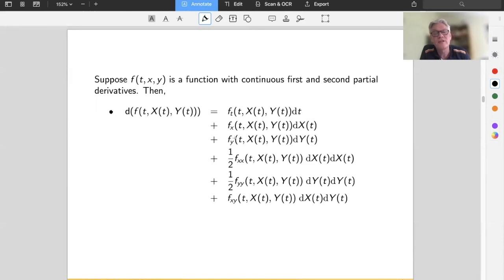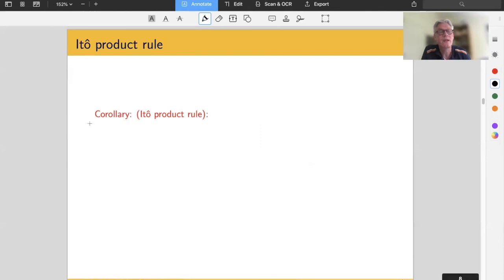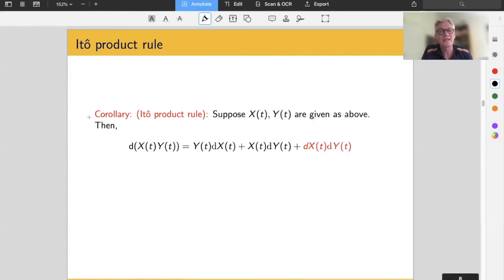Again, a straightforward generalization. It is a generalization as we would expect it. Now we have a corollary, and that is the Ito product rule that follows immediately from this two-dimensional Ito-Doeblin formula. And that is as follows. Suppose X(t) and Y(t) are given as above, then the corollary says the change d(X(t)Y(t)) is equal to Y(t) dX(t) plus X(t) dY(t) plus dX(t) dY(t).